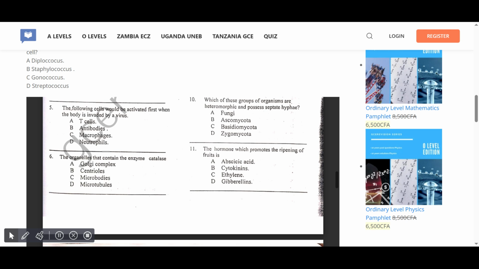The hormone which promotes the ripening of fruits is, the answer is C.